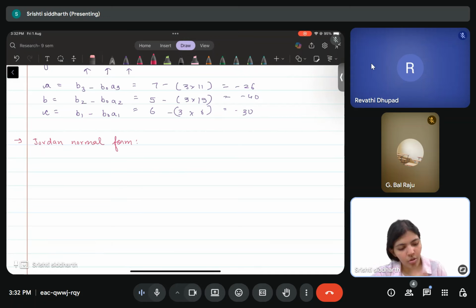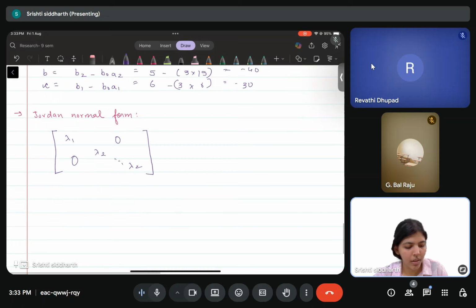So in the diagonal and the Jordan normal form, the objective is to write the system matrix A in terms of any of the diagonals with non-zero diagonal elements and then zeros everywhere else. So if it's the case of simple eigenvalues which are not repeating, then you have just a diagonal matrix.